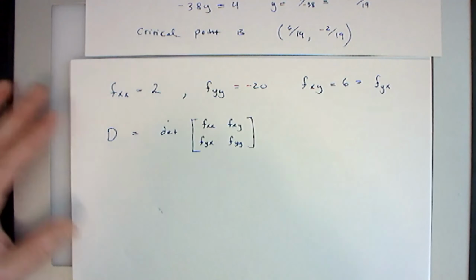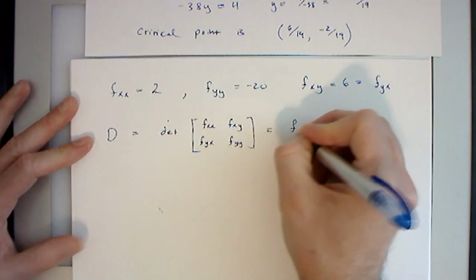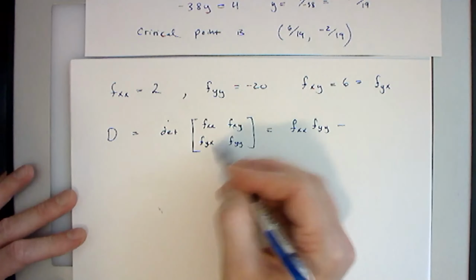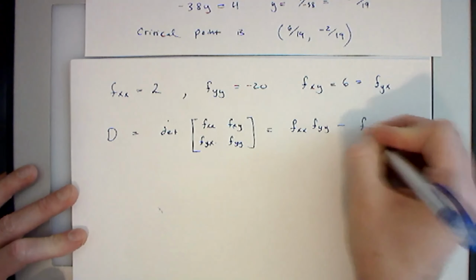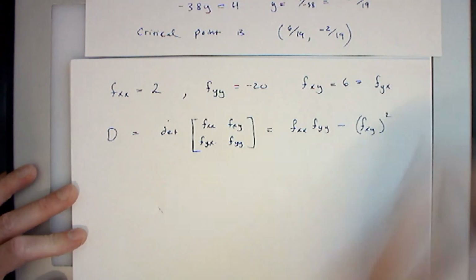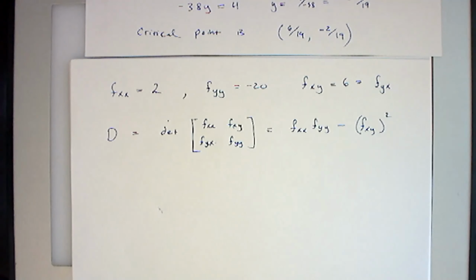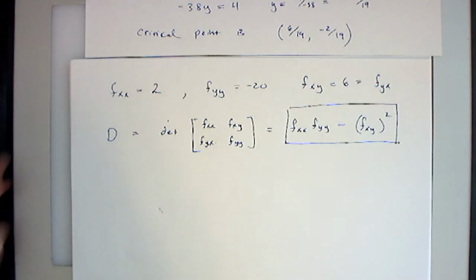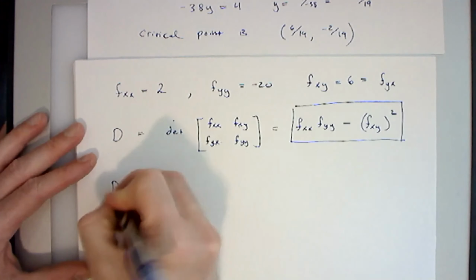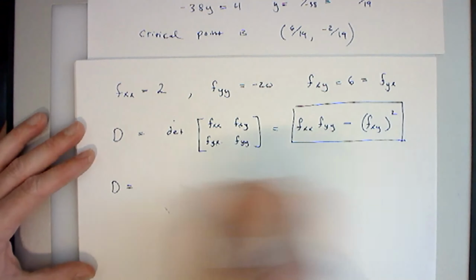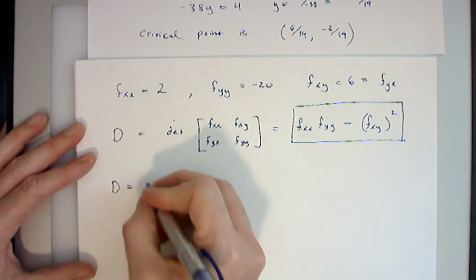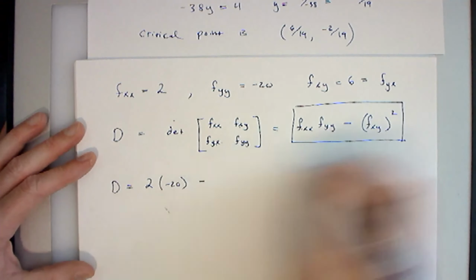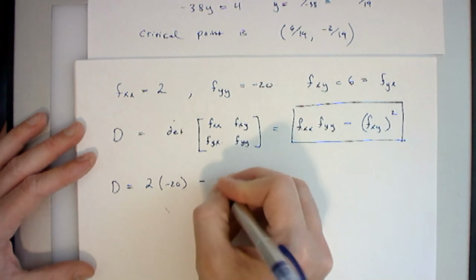But the determinant of that matrix is just fxx times fyy minus, since these are the same, I'm just going to say it's one of them squared. That's usually the quantity that we end up remembering. So in this case, this capital D is going to be fxx, which is 2, times fyy, which is negative 20, minus fxy, which is 6 quantity squared.